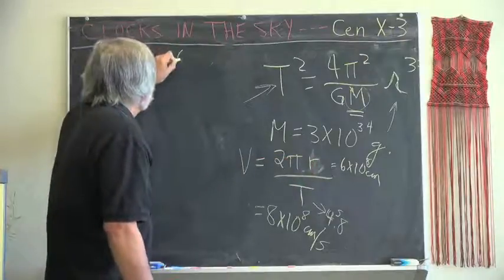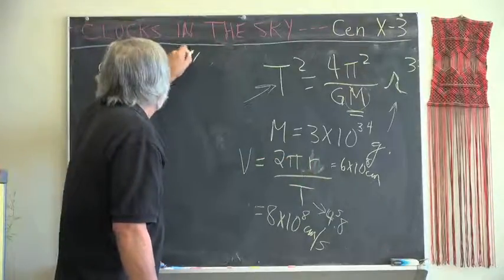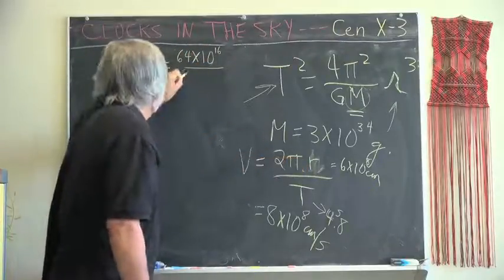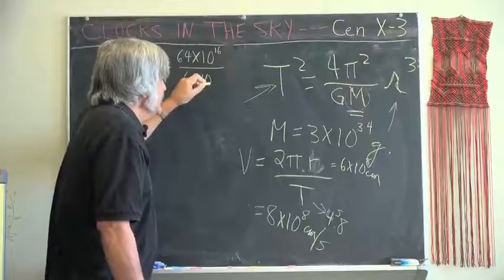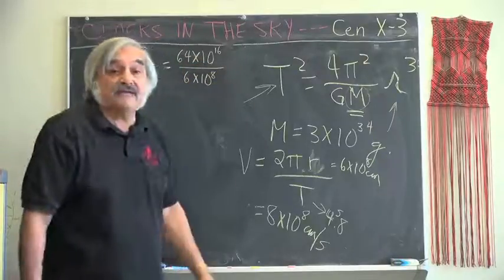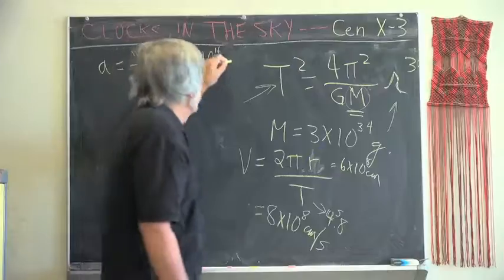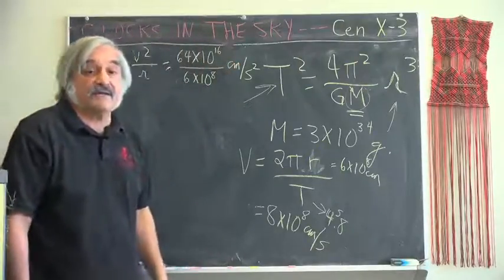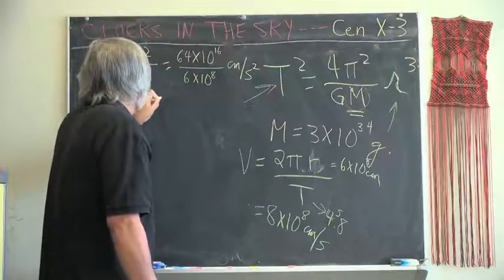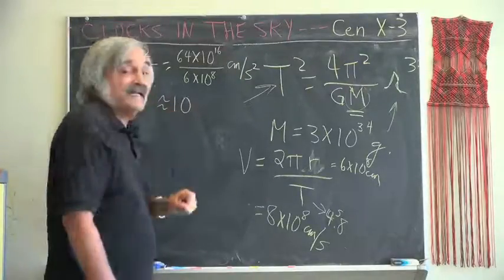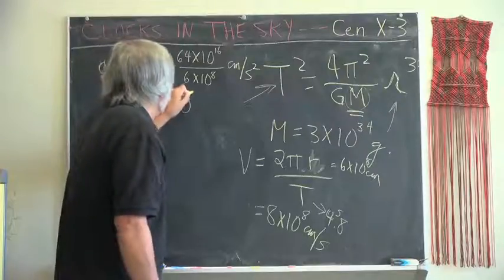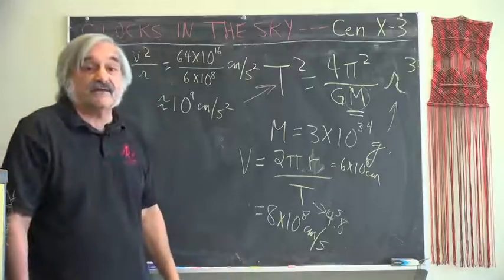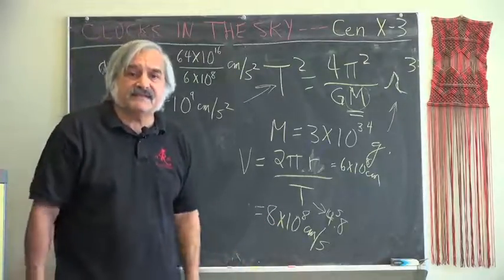So we get about 64 times 10 to the 16 divided by 6 times 10 to the 8. And the units on that are centimeters per second squared. This is an acceleration of about 10 to the 9 centimeters per second squared. Is gravity up to this task?